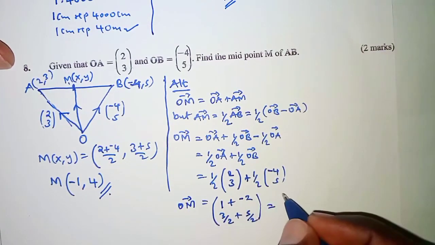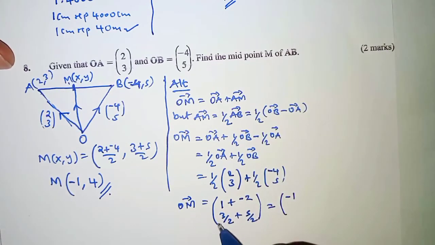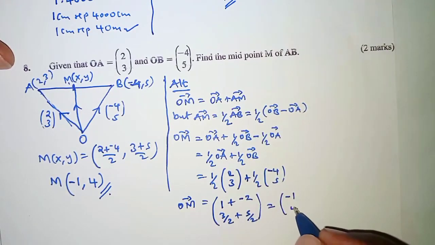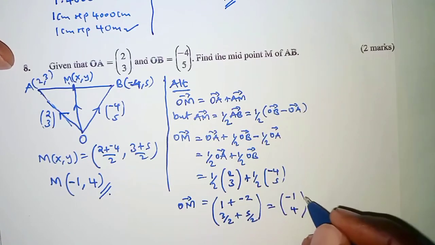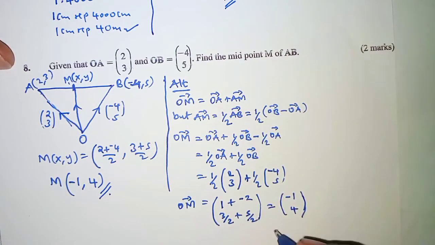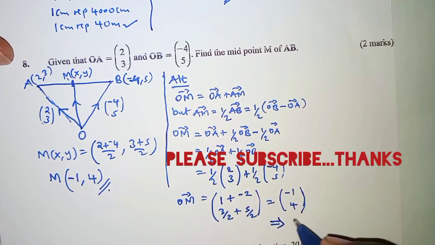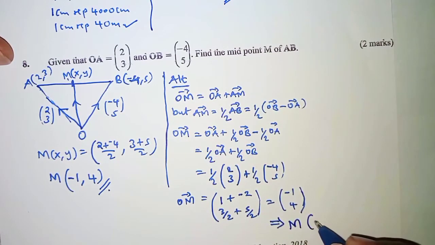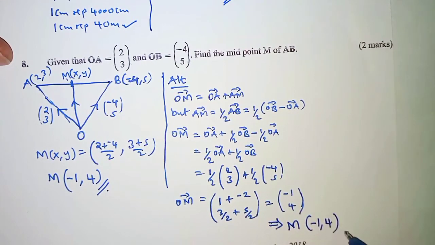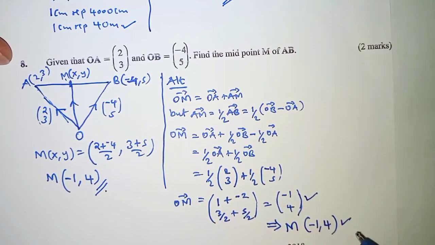So this should give us -1, and here we have 8 over 2, that is 4. So as a point, this therefore implies that M is (-1,4). This is a vector and this is a point.